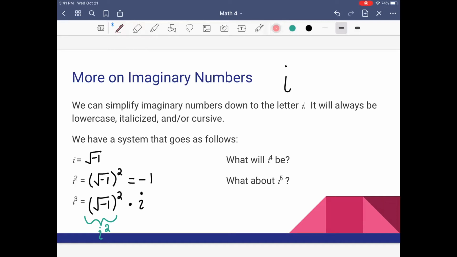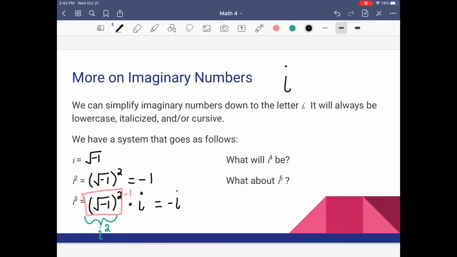But I also know that this equaled -1, so technically this is -1 times i, which produces -i.